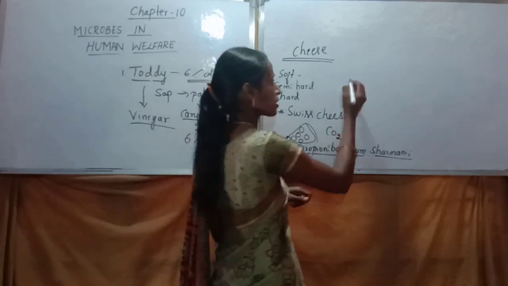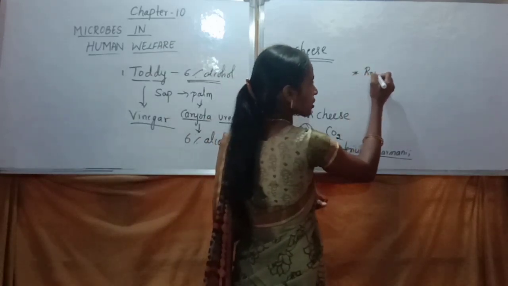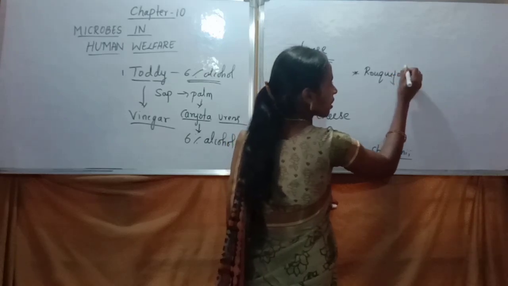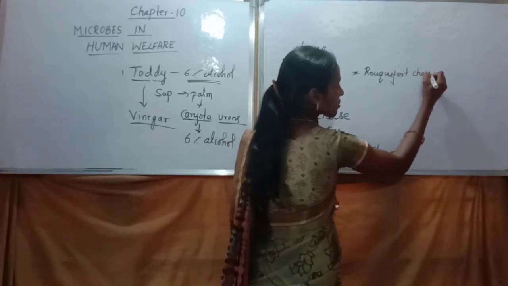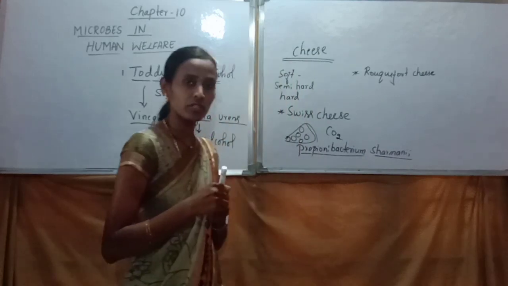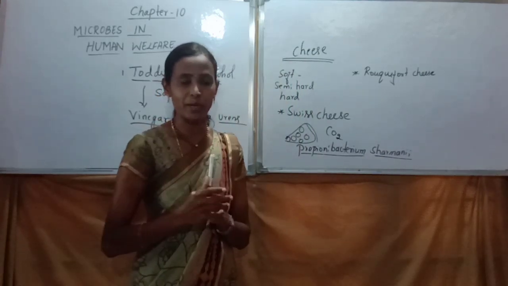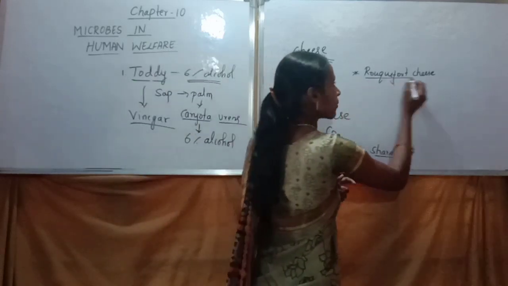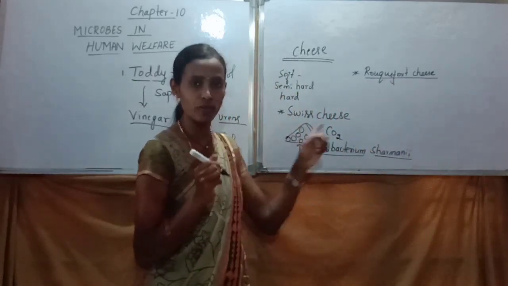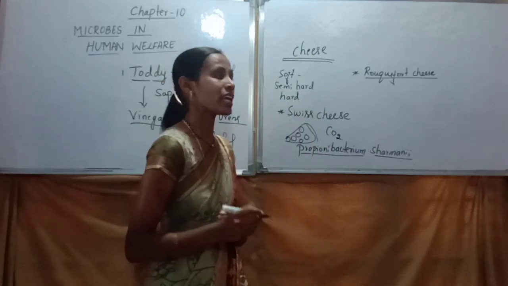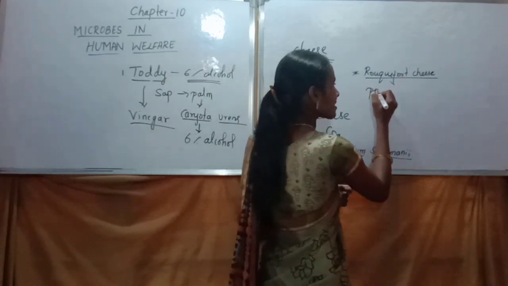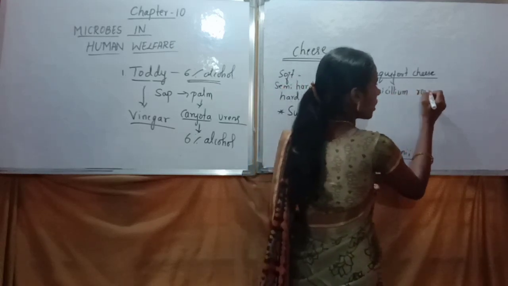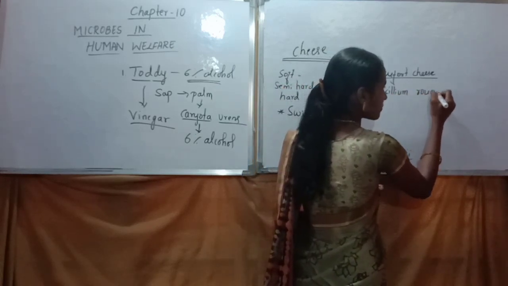One more type of cheese is called Roquefort cheese. This Roquefort cheese has a specific color as well as specific flavor, and this specific flavor is obtained by the ripening of Roquefort cheese with the help of a specific fungus called Penicillium roqueforti.